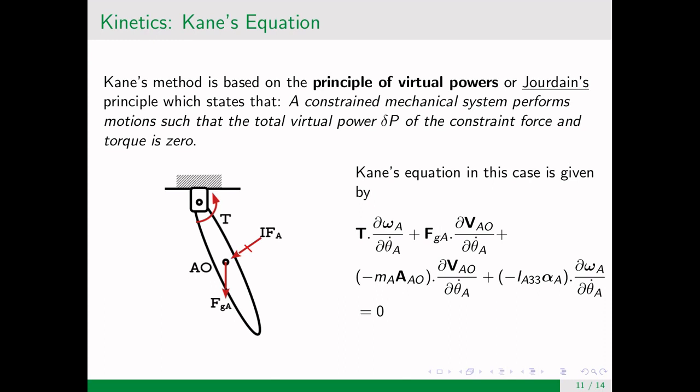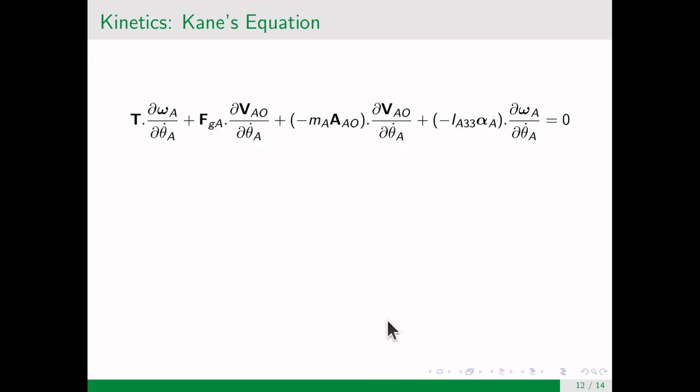Just like the principle of virtual work, here we have virtual powers. All the forces acting on the system are the torque and the gravity force, and then you have the inertia force, minus mass times acceleration, and the inertia torque, minus I alpha. The total power due to these forces and torques should be equal to 0.